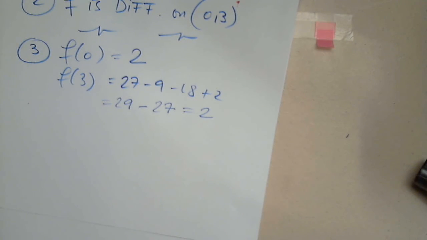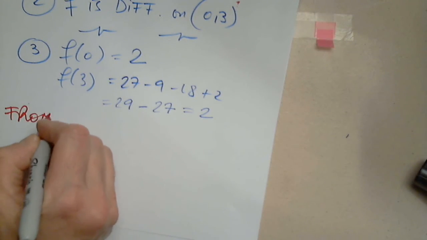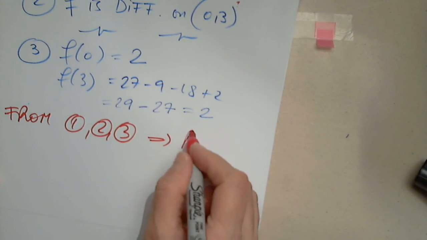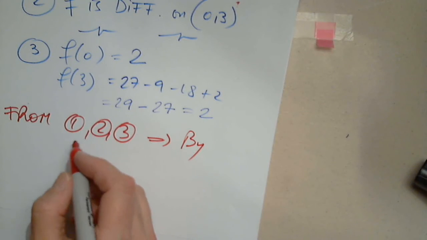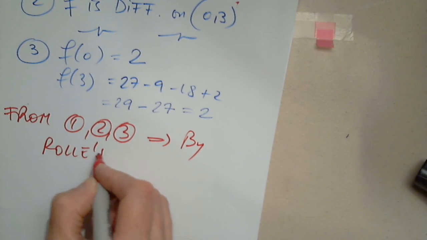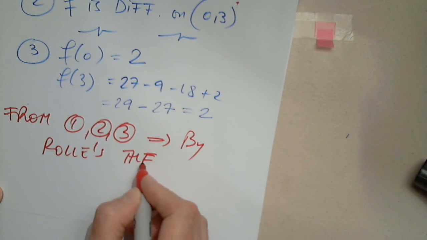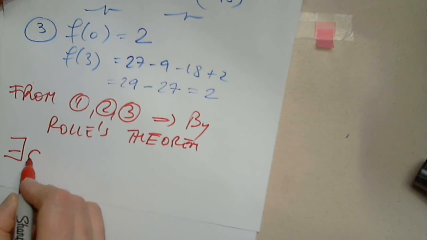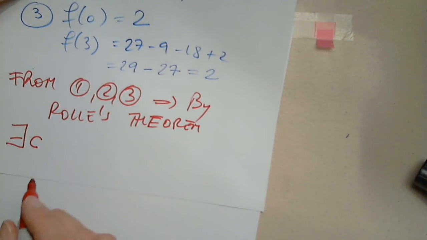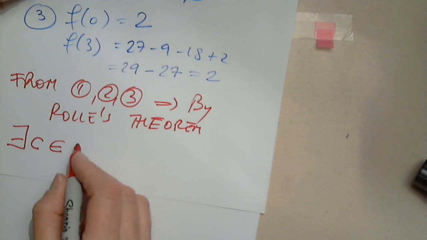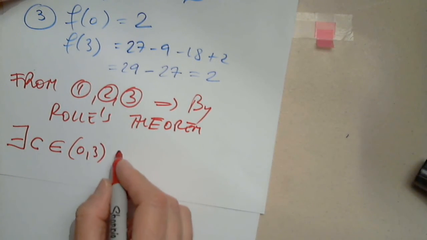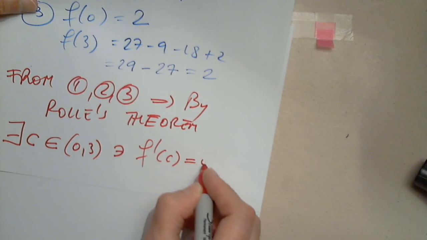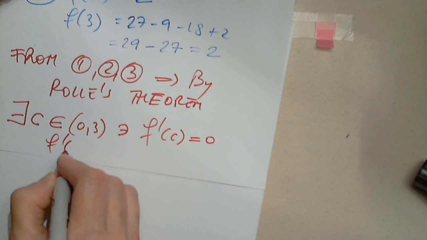Therefore, from 1 and 2 and 3, by Rolle's theorem, there exists c, at least one, guaranteed, in the open interval (0, 3), such that, as you said, f prime of c is 0. But I have to find f prime of x.